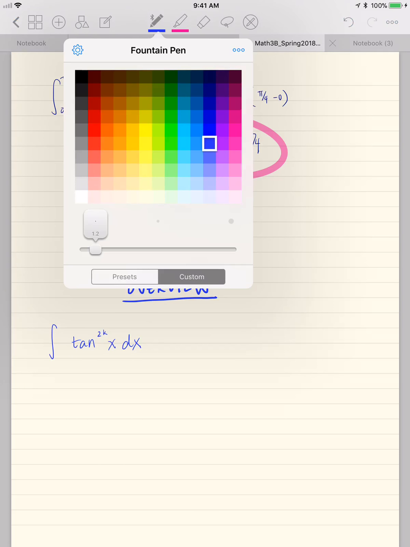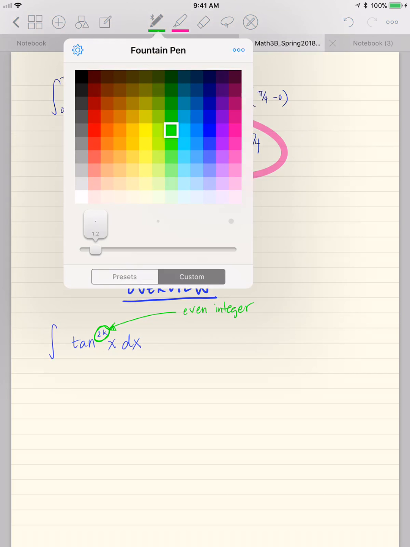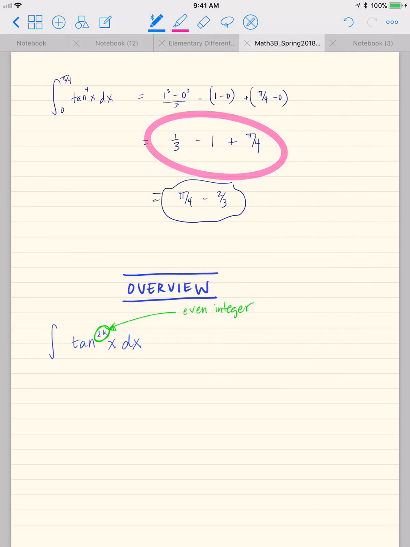Remember, 2k is an even integer. This is the general formula for an even integer. So tangent of x to the 2k, right? This is what we start off with.